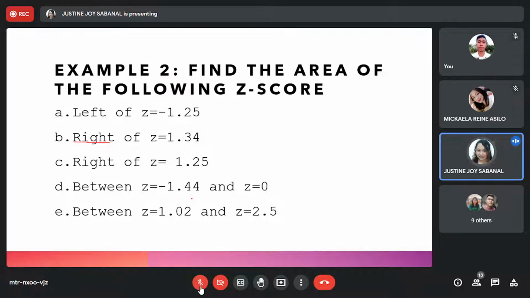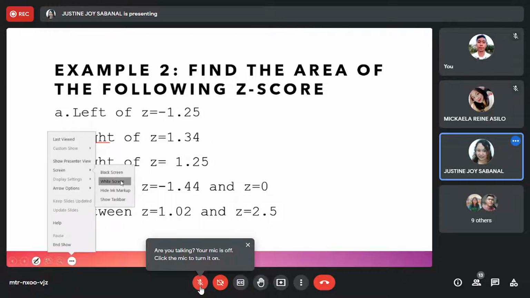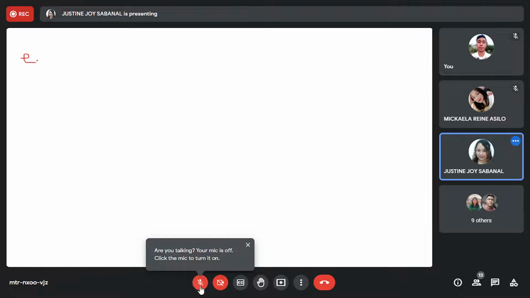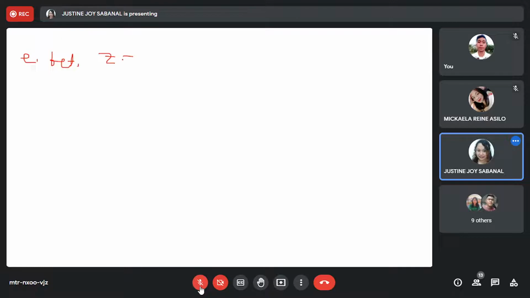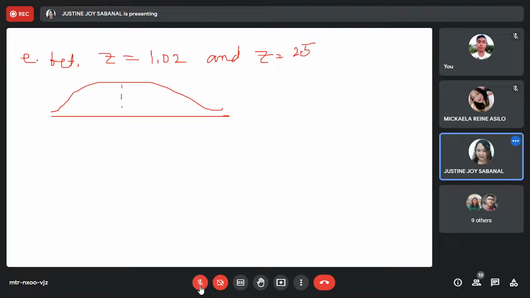Letter E. So, that is between 1.02 and 2.5. Z is equivalent to 2.5. Let's say this is the middle. Nandito yung 1.02.